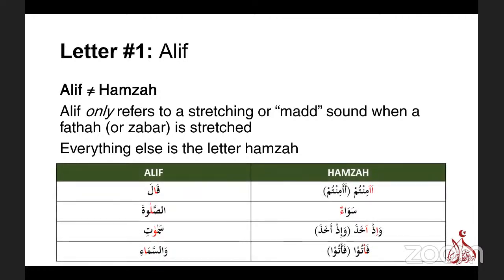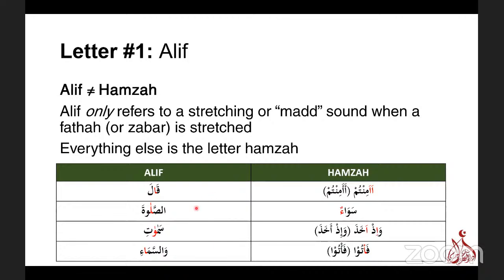But just to make it very clear, I want everyone to pay attention to the chart at the bottom. First, let's look at examples of Alif. On the left, you will see examples of Alif. The first one, Qala. That's it. It's the sound. Qala. As-salata. Salah, that sound. Salata. Again, the sound is the alif. Samawa.